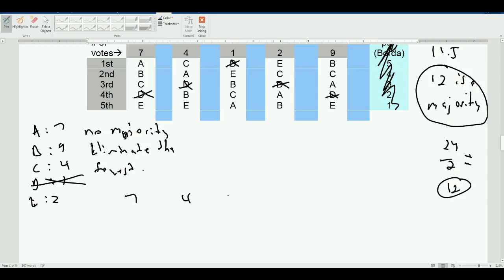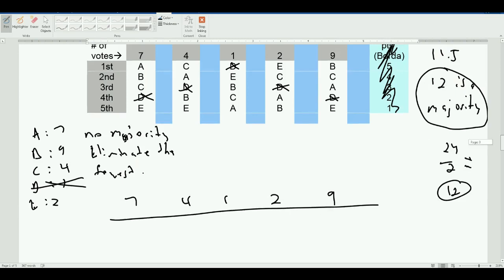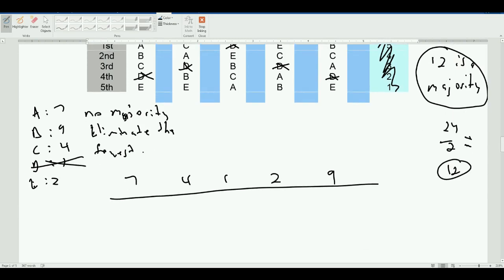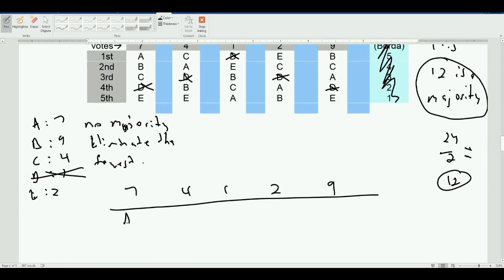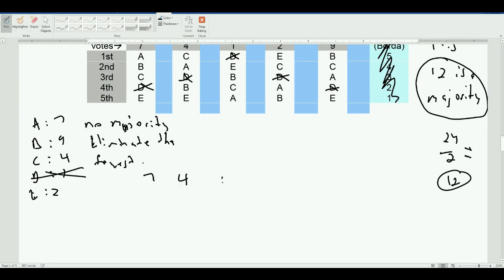7, 4, 1, 2, 9. And this time we're going to just move everybody up. Let me erase this and give myself some more room so you can see it. 7, 4, 1, 2, 9.